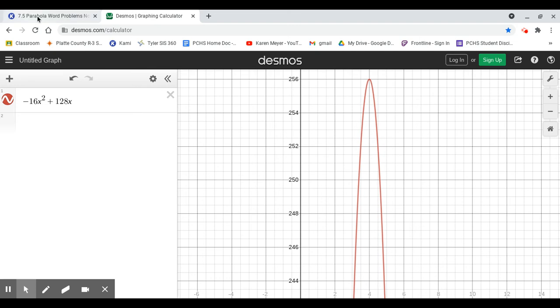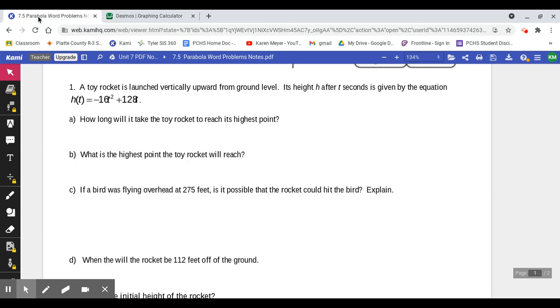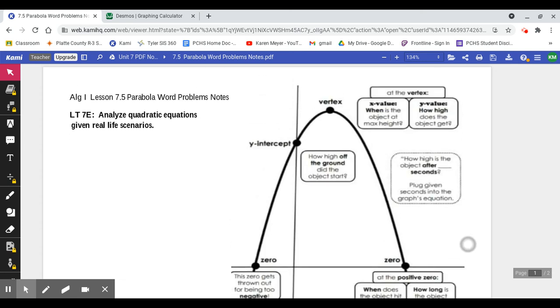All right, so back here. How long will it take the toy rocket to reach its highest point? So let's look back at my visual. Okay, the highest point is going to be part of the vertex. Now, it's not asking how high is it. It's asking how long will it take to reach that. So I'm asking for the x value, the horizontal distance.